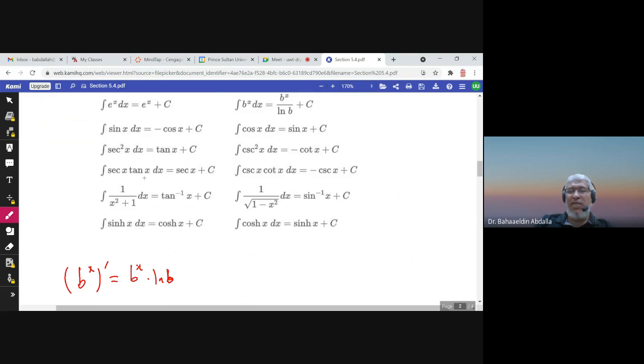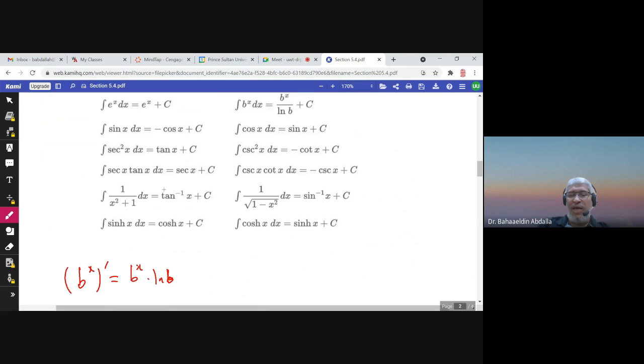Integral of secant tan is secant because the derivative of secant is secant tan. And always there is a plus c because the derivative of c is 0. Also, the integral of cosecant cotan is negative cosecant because the derivative of cosecant is negative cosecant cotan.